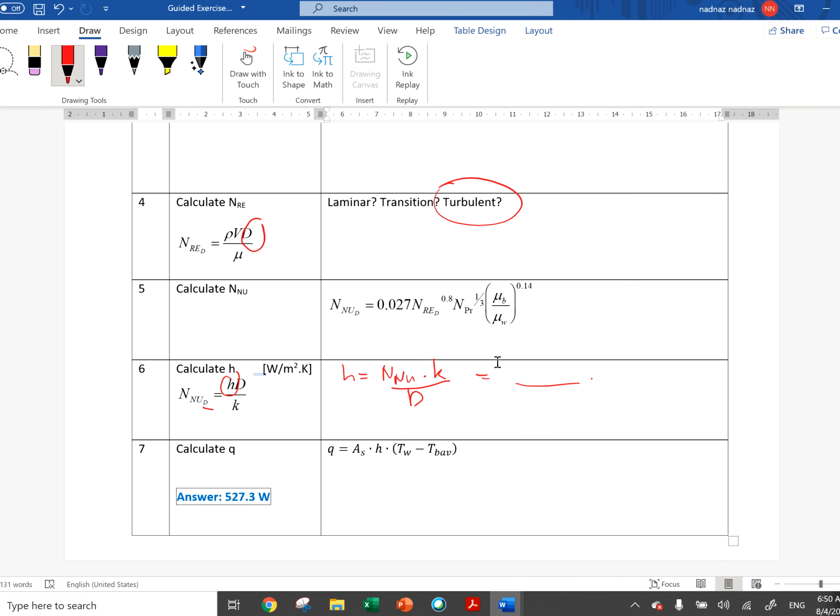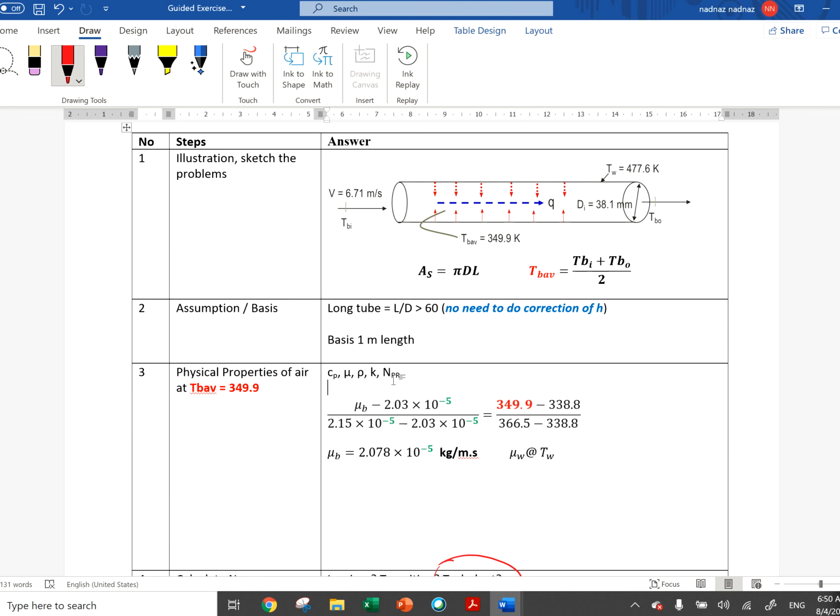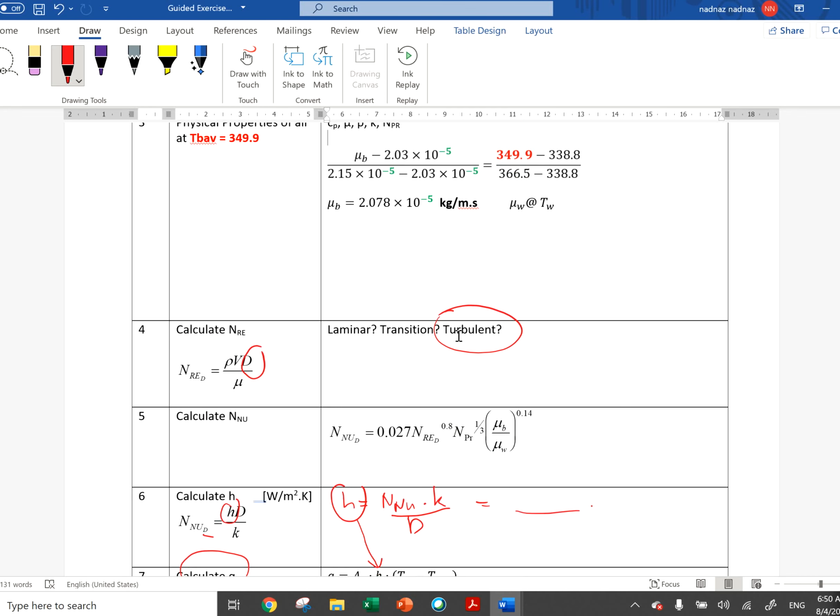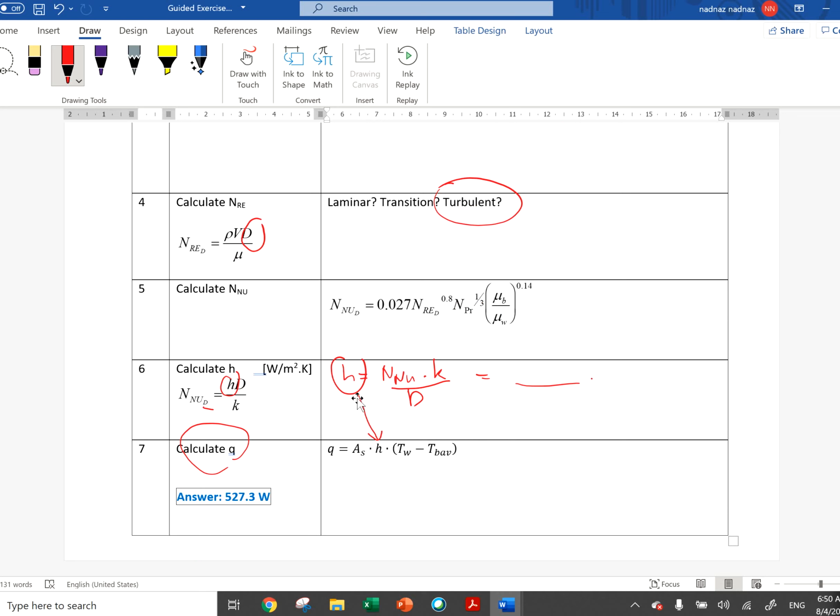Then you can straight away take this H value and plug it into this equation in order to calculate the Q. To calculate the Q, you need the surface area, which is pi dl, then the H value obtained in step 6, and the difference in temperature.